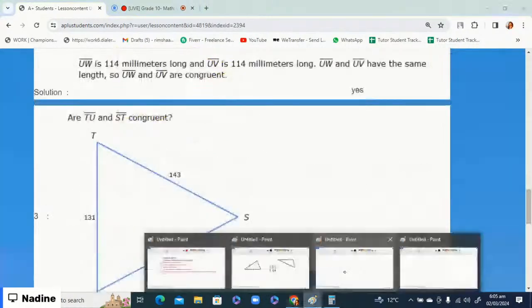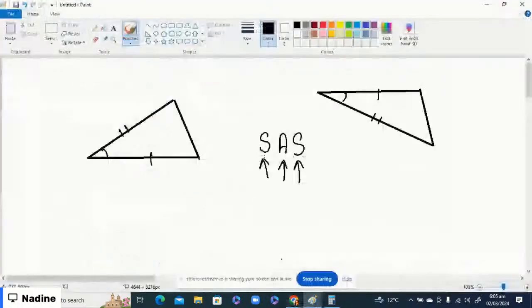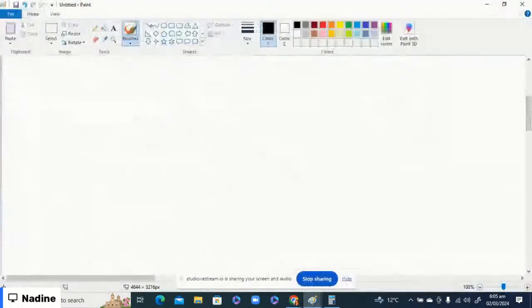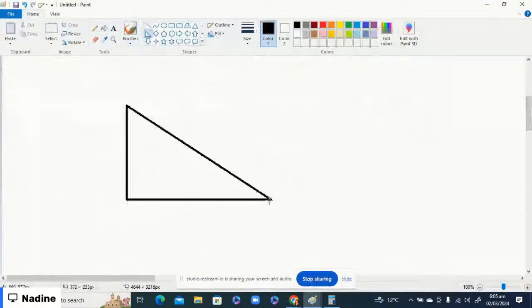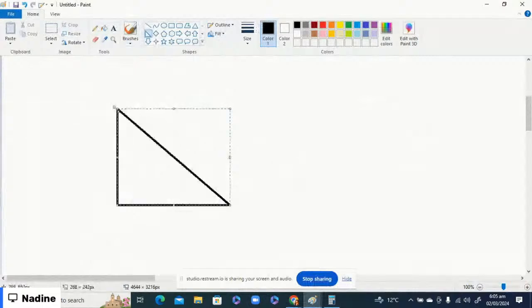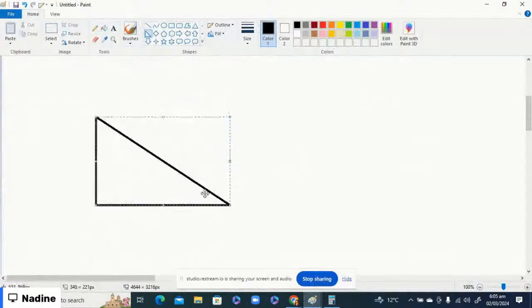Let me draw a shape here. Now you tell me, for example, this is the shape. This one is 10, this one is also 10, and this one is 8.